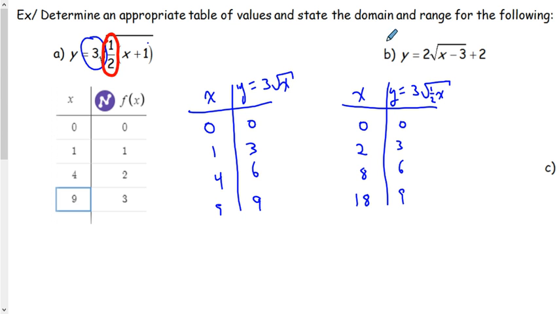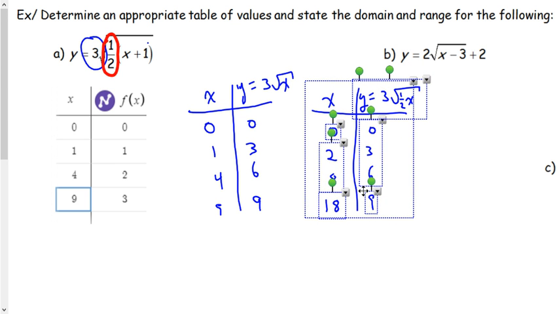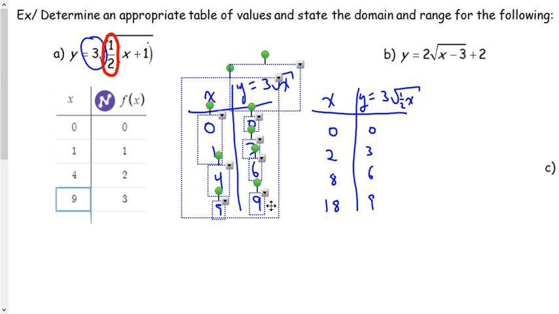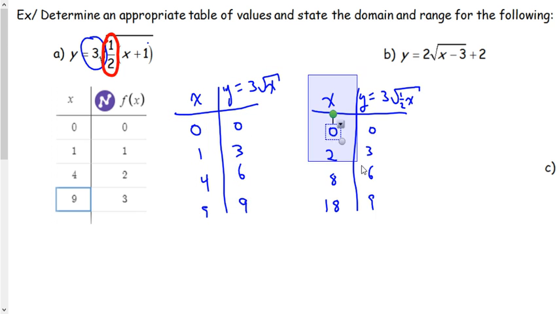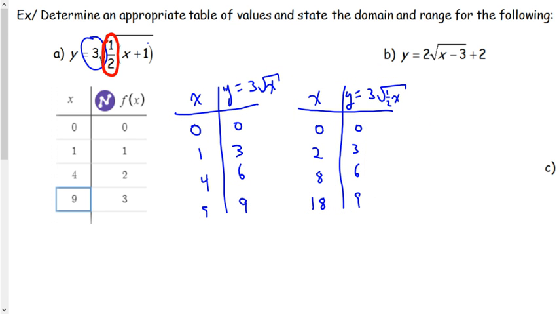My last transformation is a plus 1, meaning I'm going to be shifting all of my x values 1 to the left. That means I'm going to shift them in the negative direction. So I'm just going to move these tables of values over so that they're kind of out of the way here. And let's do my last table of values. And I'll do my last transformation, just plus 1. I got to subtract 1 from all of my x values.